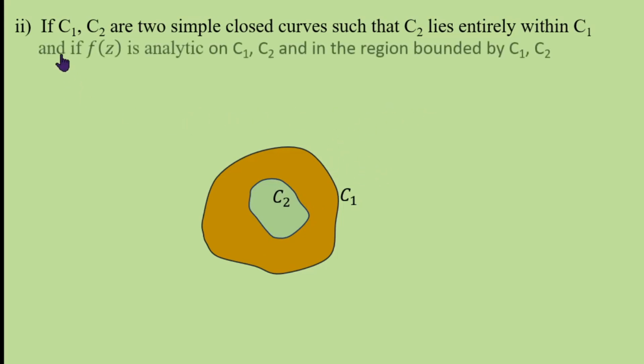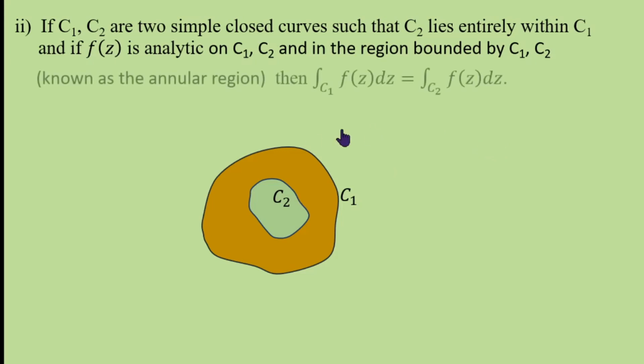Here the concept is, if f of z is analytic on C1 and C2 and in the region bounded by C1 and C2, that means along the curves C1 and C2 and between C1 and C2, so in this region f of z is analytic, then the integral over C1 of f of z dz is nothing but the integral over C2 of f of z dz.